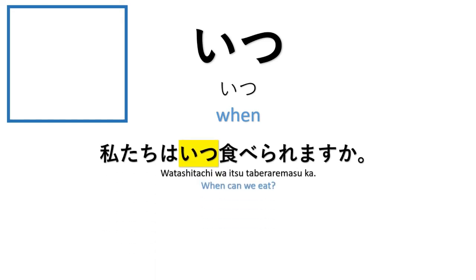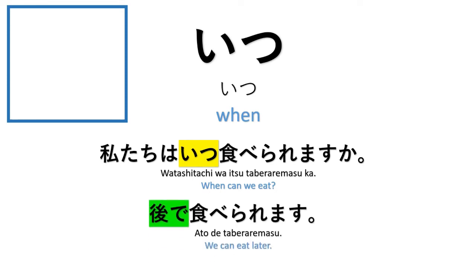Another. 私たちはいつ食べられますか？ When can we eat? 後で食べられます。We can eat later. So here, いつ is not followed by any particle.